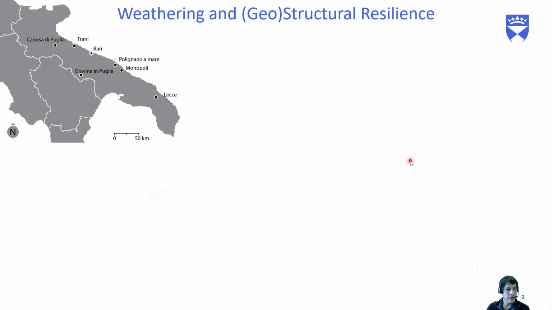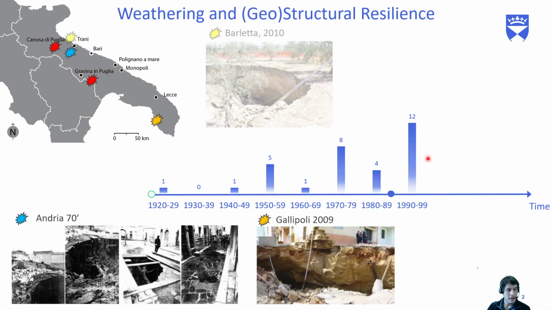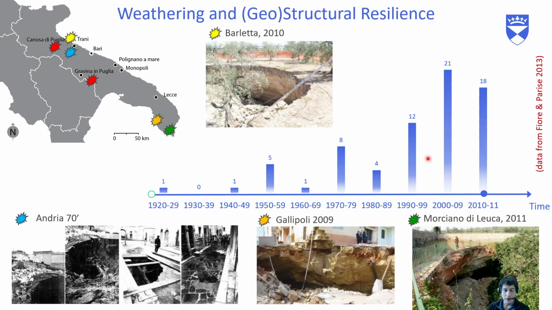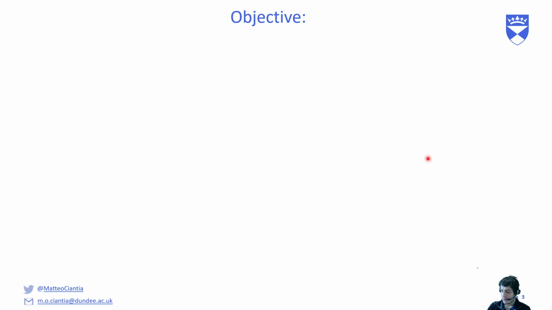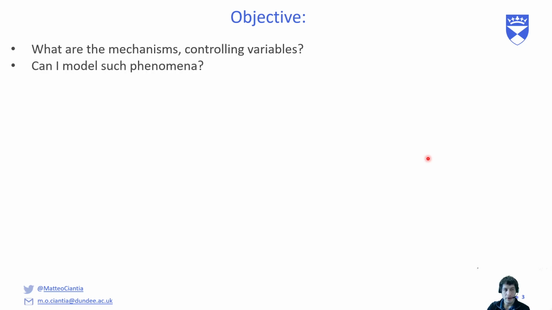In the last century, the number of sinkholes in the southern part of Italy has dramatically increased, as you can see in this slide. In fact, back in 2013, this was the motivation of my PhD study at the Polytechnic of Milan. The objectives of my research were basically to answer the questions that you see appearing on the slide. So what are the mechanisms and controlling variables?